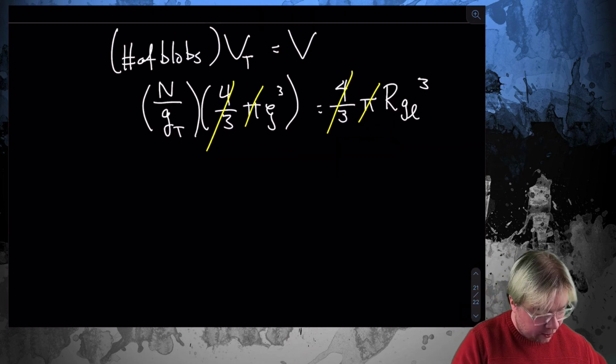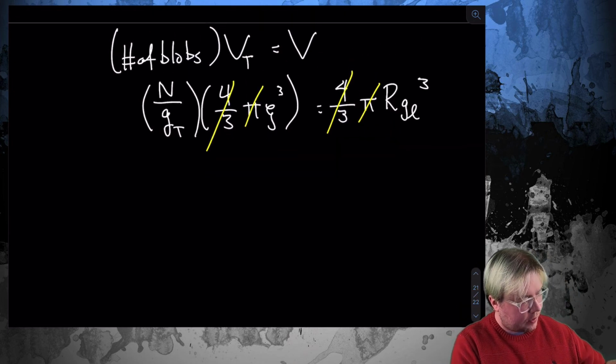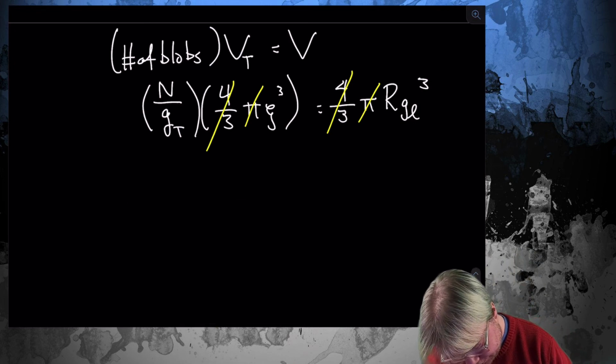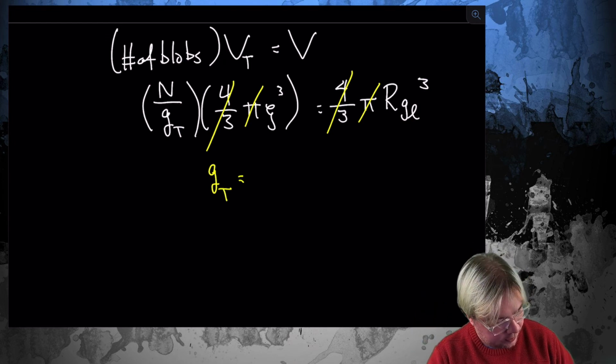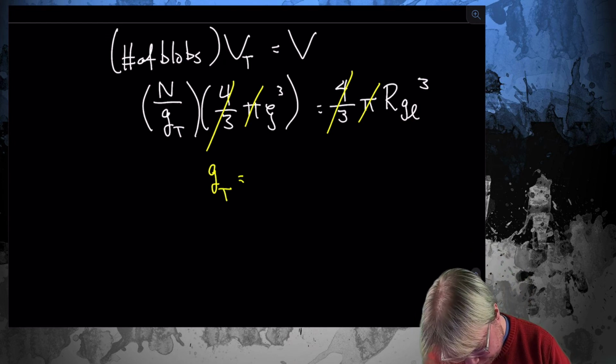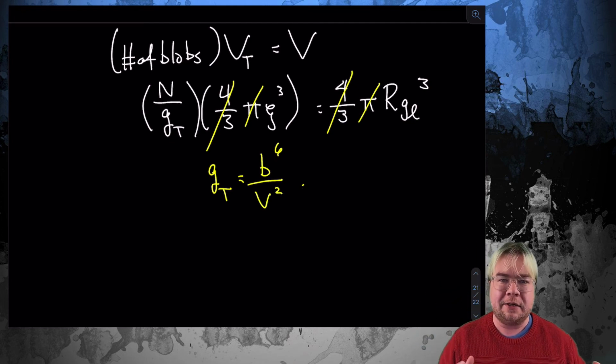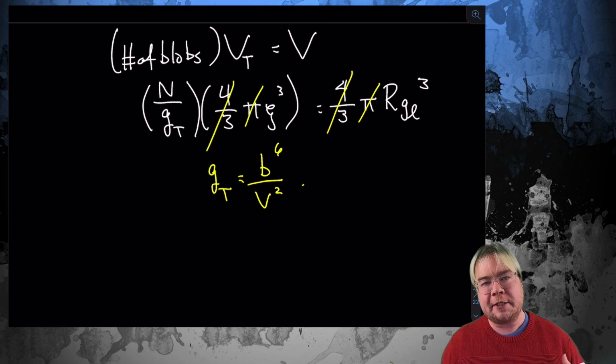And so now I've got almost the expression I want. I need to make some substitutions. I need to make the substitution that the number of monomers in a thermal blob is going to be b to the 6th divided by v squared. So that's why we did that discussion about kBT and when interactions are important and when they're not important. So I've got the number of monomers.